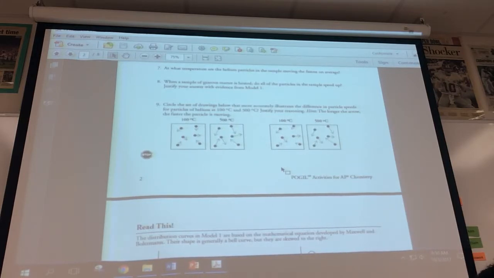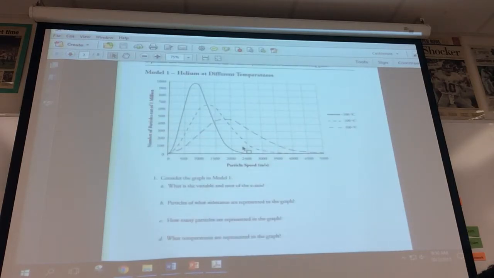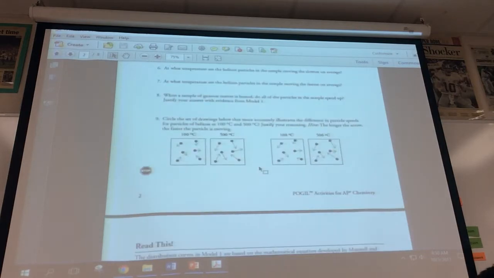And at the higher temperature, the arrows are larger. Do all the particles have the exact same speed at the higher temperature? No, there's a distribution. So which one is it? It's the second one, and it's very tricky. Yes, average-wise, this is less, this is greater, but they don't all have the exact same speed. Be careful.